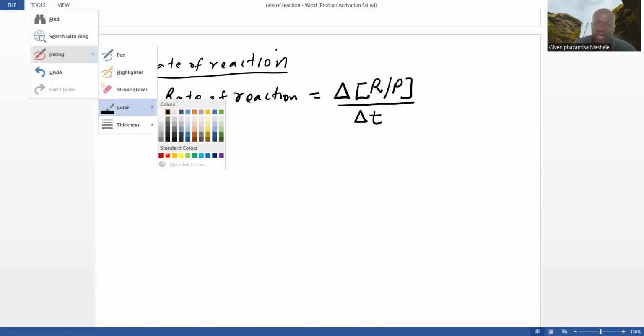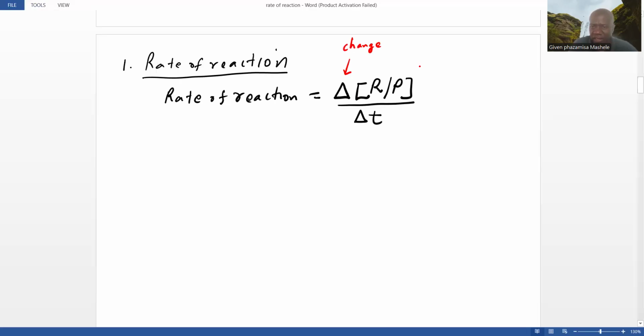The brackets here represent concentration. Then the R or the P, the R is for the reactants, the P is for the products. Then this is just the change in time, or let's just say time taken.